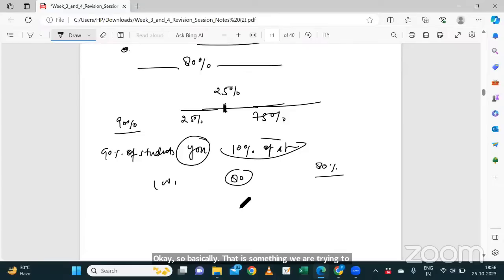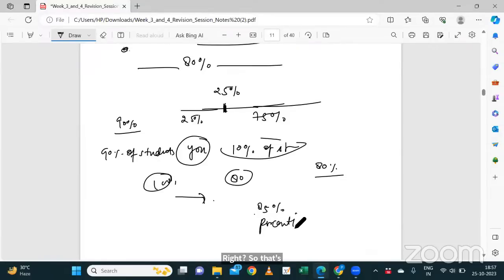So what is the meaning of percentile? Suppose there are 100 students and they will score some marks in an exam. Suppose you got 85 percentile.